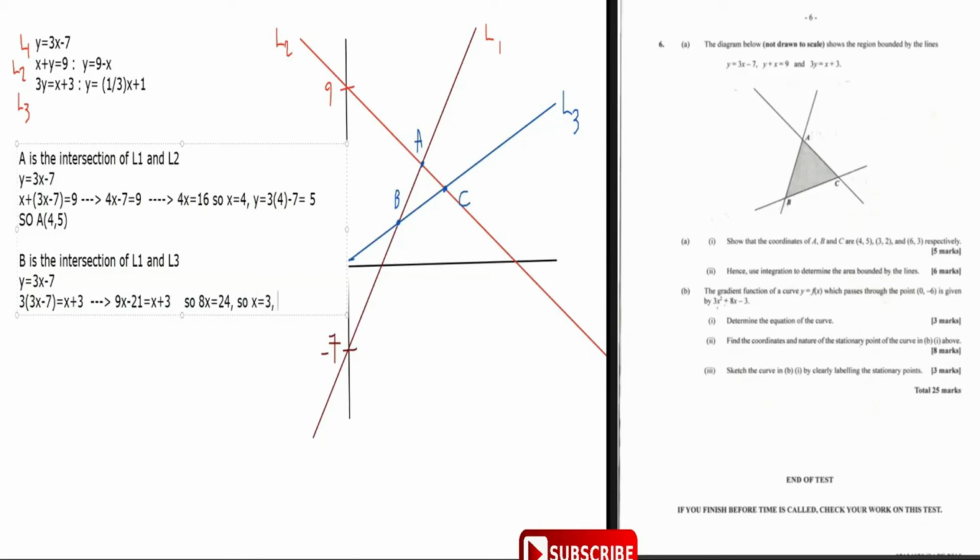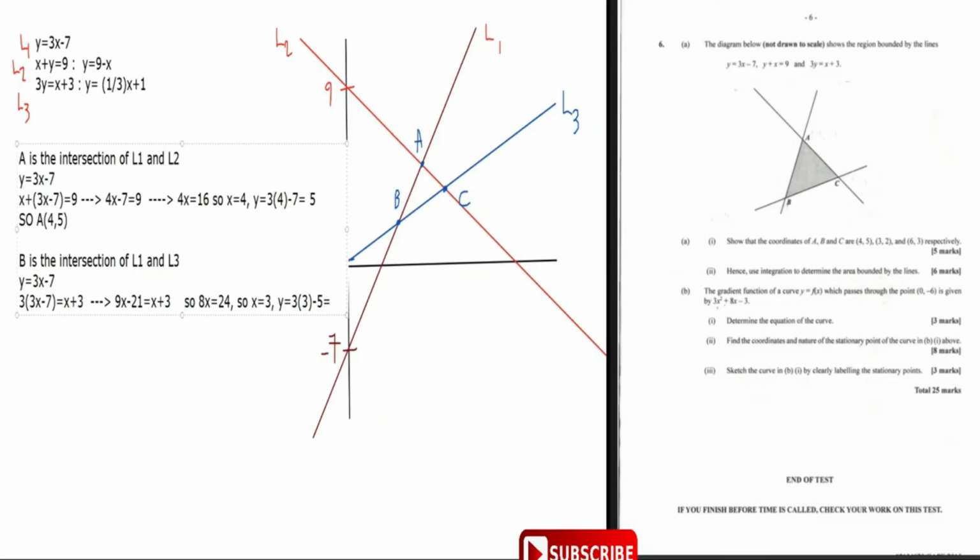Since x is equal to 3, y is going to be equal to 3 times 3 minus 5, and so y works out to be 9 minus 5 is 4. Is that right? Did we make any mistake? 3 times 3 is 9, 9 minus 5 is 4, but it shouldn't be 4.